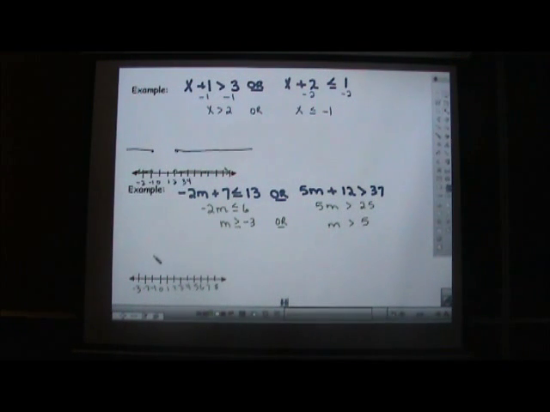above it at m is greater than or equal to -3. So up above -3, I'm going to draw a closed circle. That would shade to the right if I were just graphing that part. And then over here, m is greater than 5. I'm going to make an open circle at 5, and that's also going to go to the right.